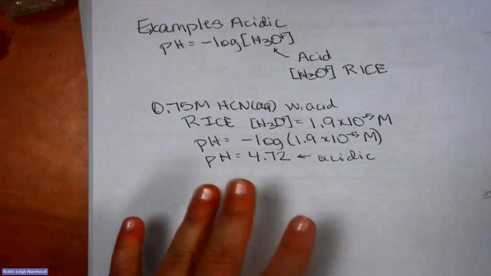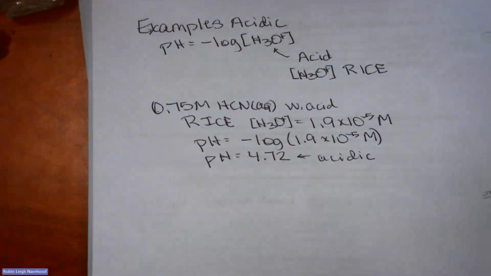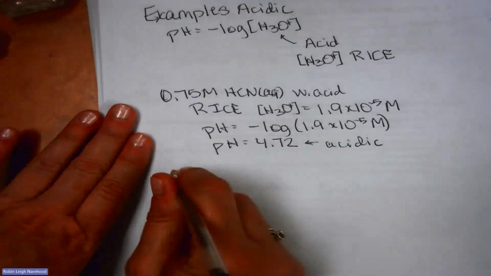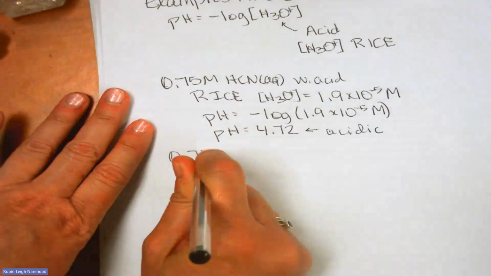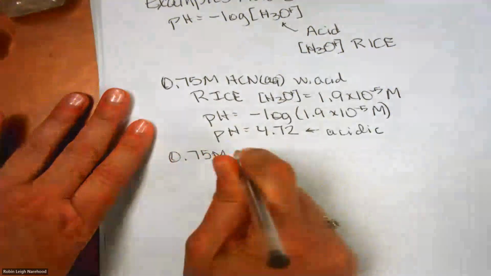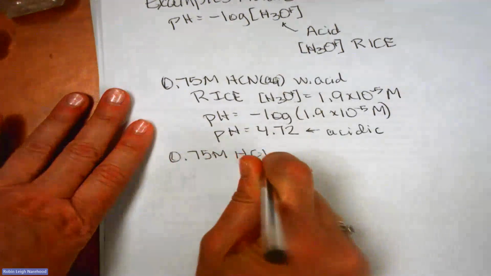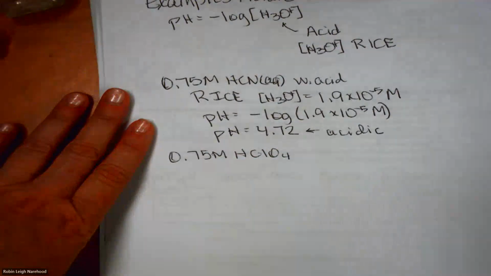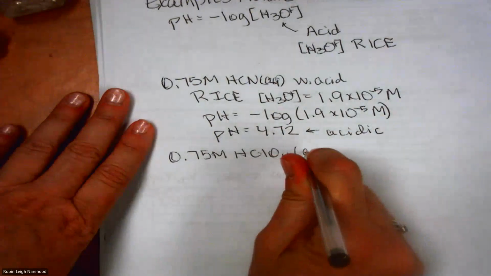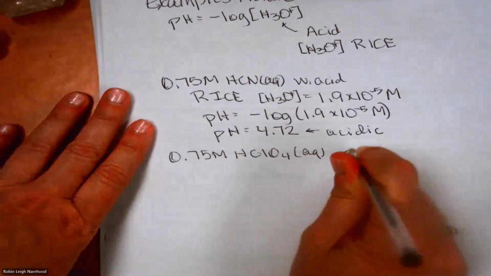Were there any others that were acidic that we did? Yes. Okay, we had 0.75 molar HClO4. Is that one of them? This one was strong.